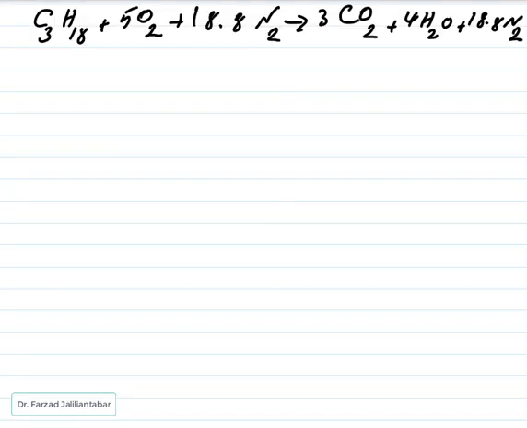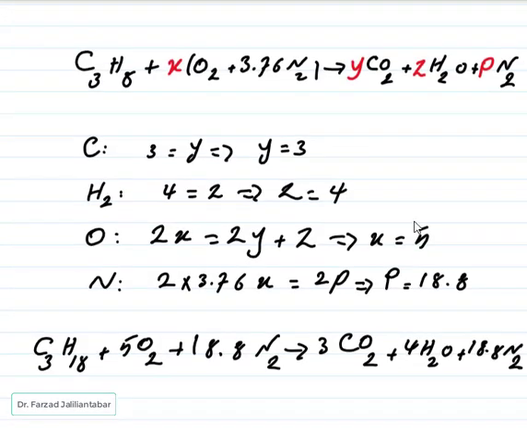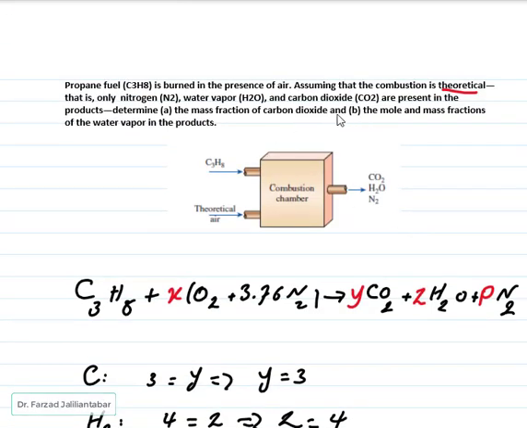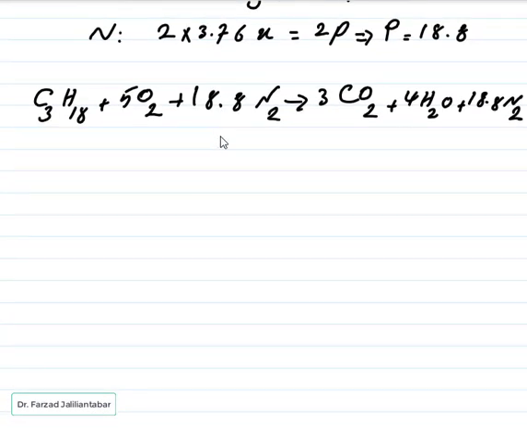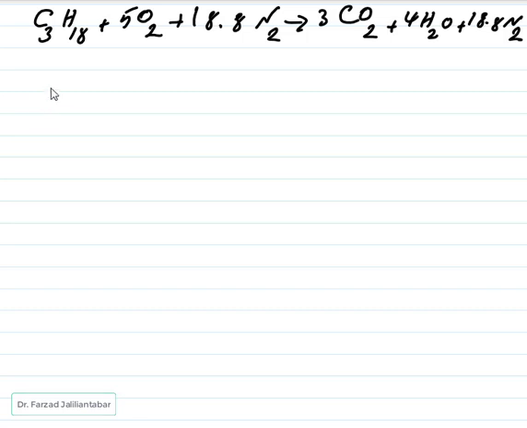Okay, now we are going to find the mass fraction of CO2. The first part of the question, if you remember, was about the mass fraction of carbon dioxide. So we can write the mass fraction of CO2 as the mass of CO2 divided by the mass of the products.